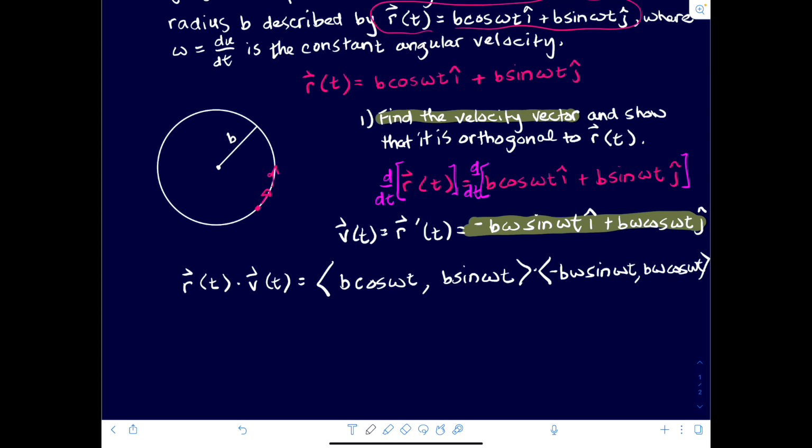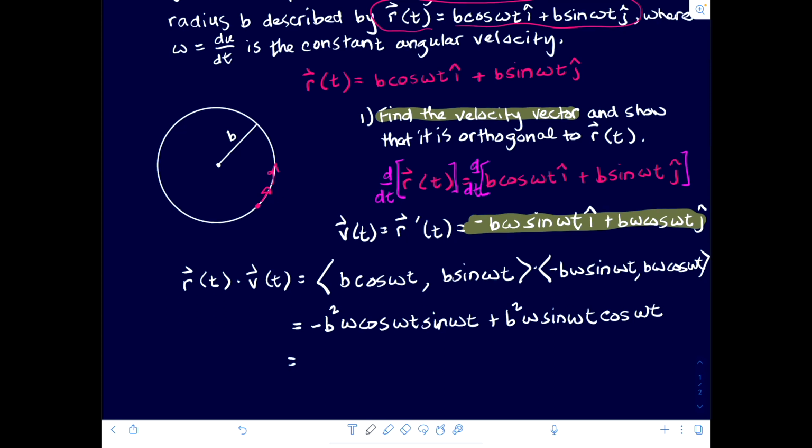And then completing that dot product, you're going to get negative b squared omega times cosine omega t sine omega t, plus b squared omega sine omega t cosine omega t. But don't those zero out, right? Because we can commute the cosine omega t and sine omega t.